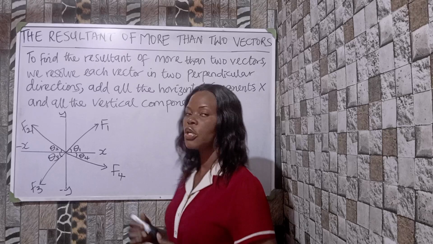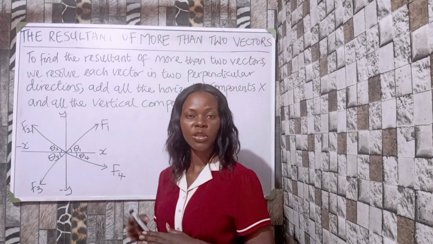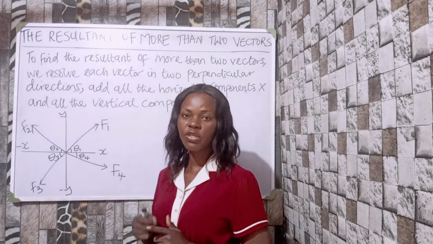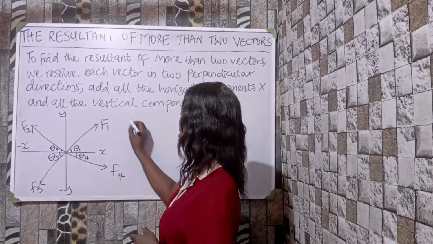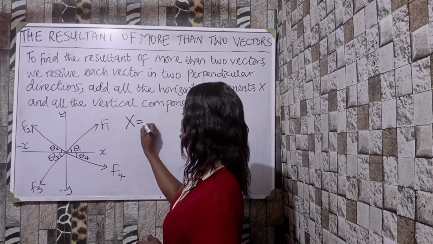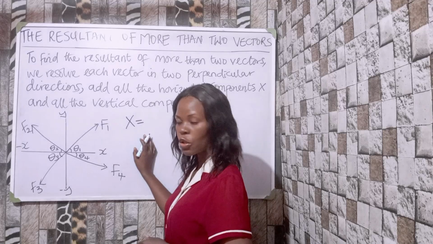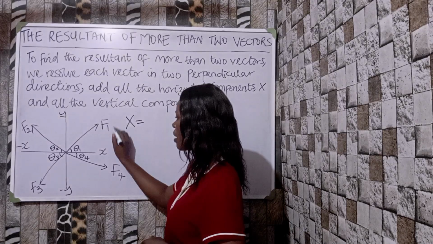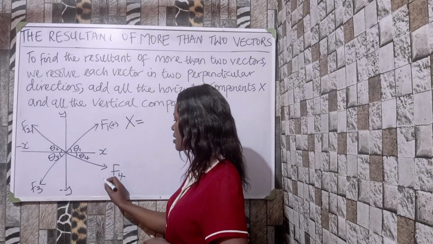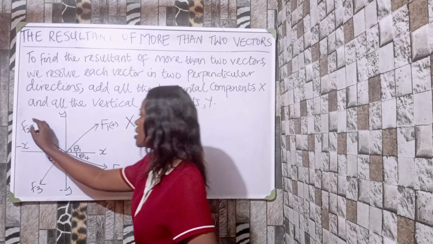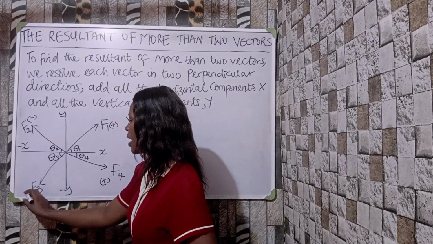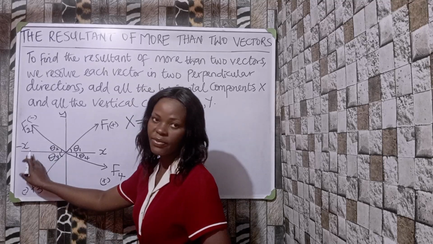Then you should also remember that horizontal deals with cos while vertical deals with sine. If you bear that in mind, we want to resolve this into horizontal components. F1 is positive and F4 is positive, because they are on the positive side of x. F2 and F3 are negative because they are on the negative side of x.